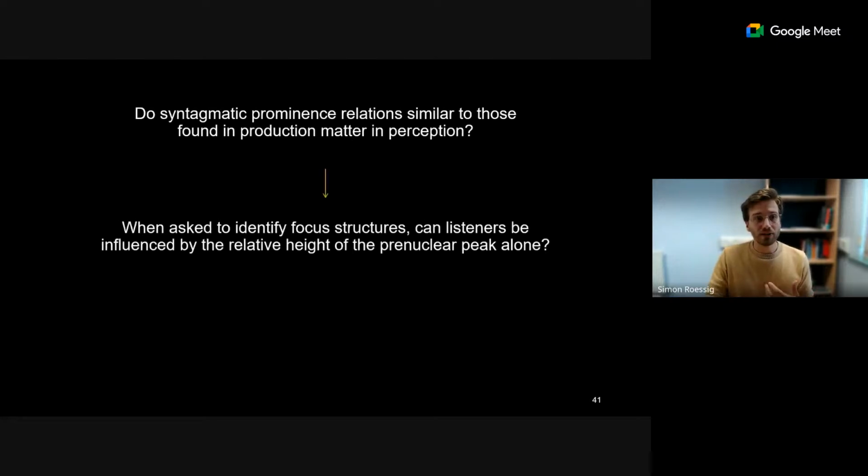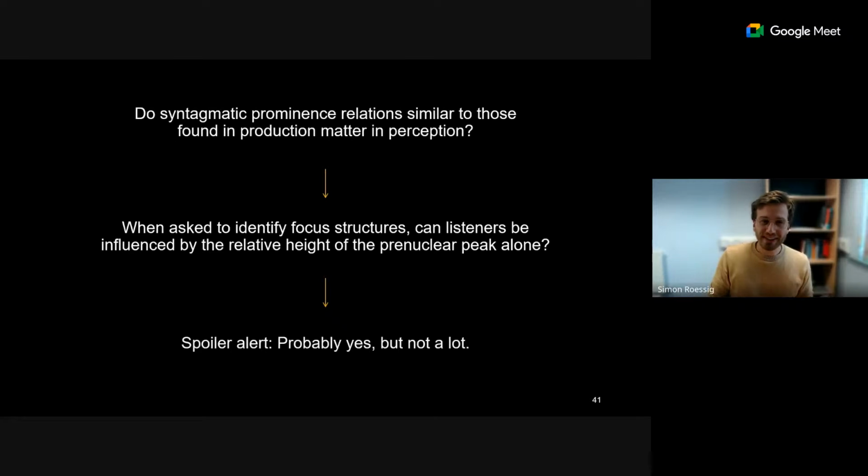One way to investigate this is the following. When asked to identify focus structures, can listeners be influenced by the relative height of the prenuclear peak alone? So when we change the prenuclear peak in relation to the nuclear peak, does this do anything to their ratings or to their responses in terms of which focus structure a sentence has?